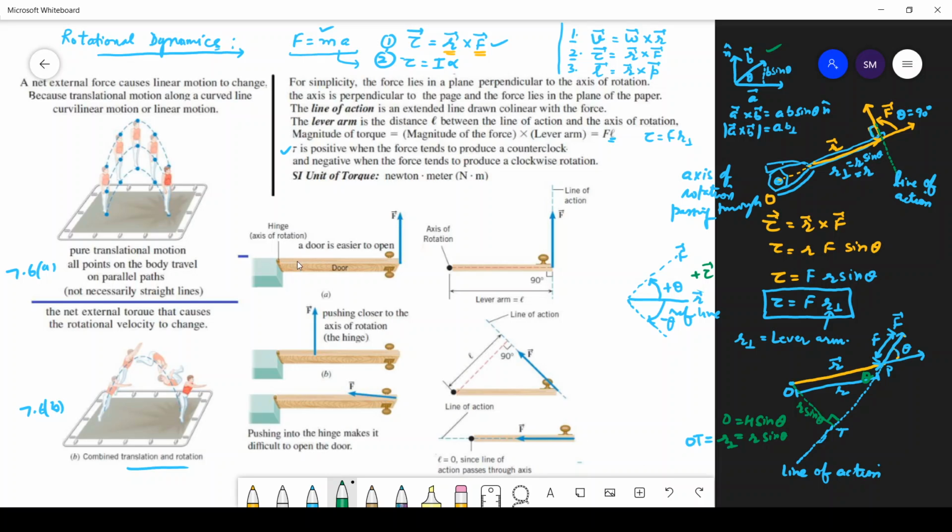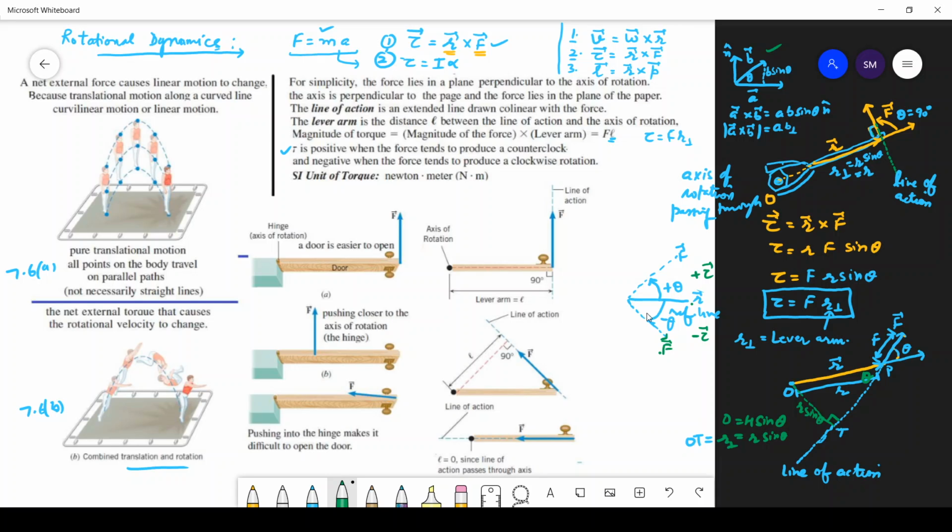Now, tau will be negative in this case. If you have the F here and you need to move your hand from R to F, here the tau will be negative. So tau is perpendicular to the plane of R and F, and it can be positive if you are moving your fingers from R to F and the thumb is pointing outwards. But in this case, if we are considering this R and this F, what will be the direction of the torque?